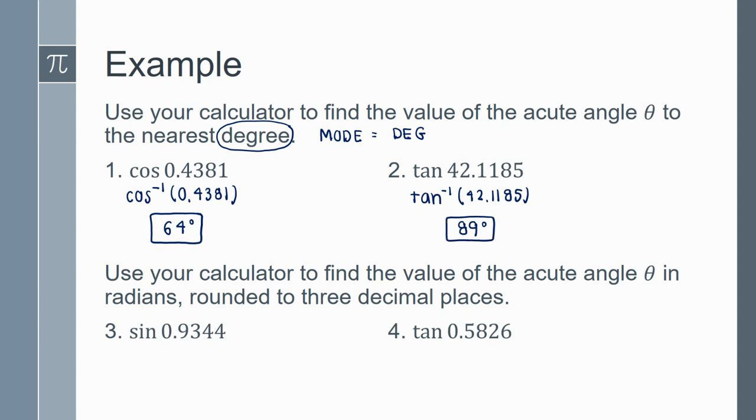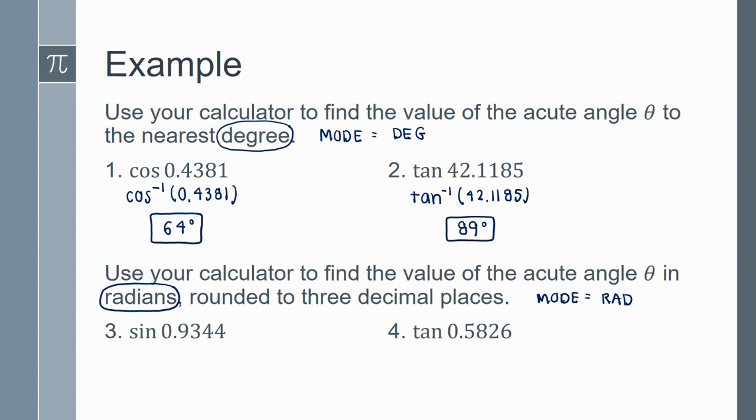Okay, notice that the next set of problems, it says use the calculator to find the angle in radians. So that means I'm going to my mode, and I need to highlight the radian value there.